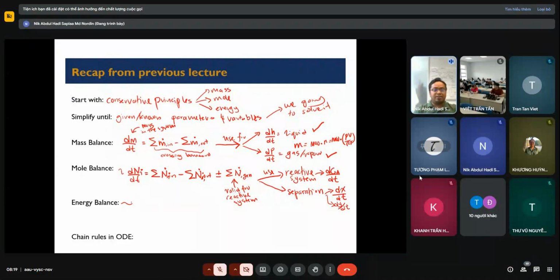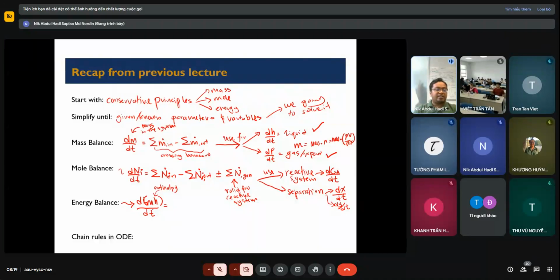And for energy balance, this is where we go a bit more complicated. So we have the change in energy. So let's focus. The change in energy inside our system is represented by d(mH)/dt. Keep in mind that the H here represents enthalpy.